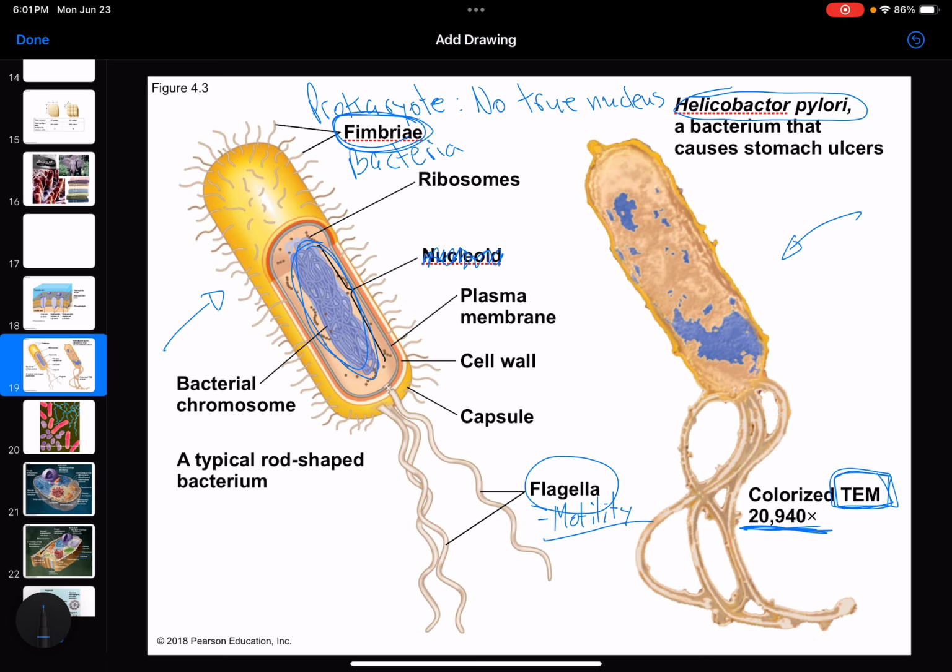And the cilia are made up of a different kind of protein than fimbriae. Fimbriae is a different protein. So what do fimbriae do? Fimbriae are used for attachment. So sometimes bacteria get to a place where they like it, and so they want to attach and stay in that spot. So they use fimbriae for that. Okay, so that's for attachment.